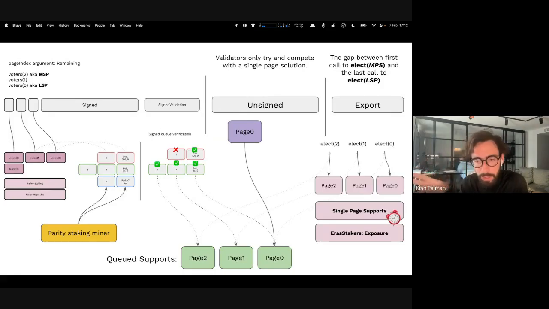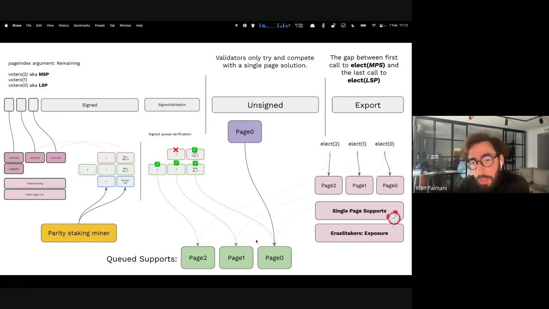And that basically limits us to just a single page. So this is only useful if, for example, all of these miners fail, and then we have at least a single page solution representing the top, let's say, 20,000 nominators, and the chain moves on until these multi-page submission miners get their act together.